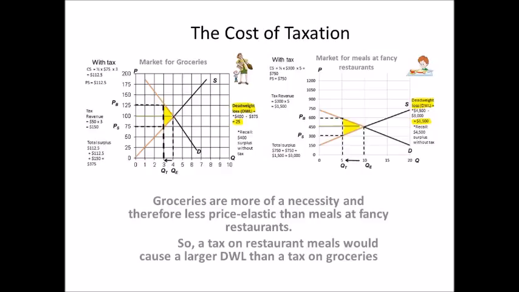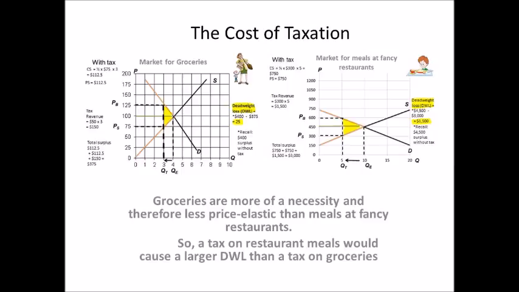For example, take a sales tax on food. At the margin, some consumers will purchase less food. Overall, food purchases will not decrease significantly because the tax will be spread over a large number of consumers and demand is relatively inelastic. Groceries are more of a necessity and therefore less price elastic than meals at fancy restaurants. So a tax on restaurant meals would cause a larger DWL than a tax on groceries.